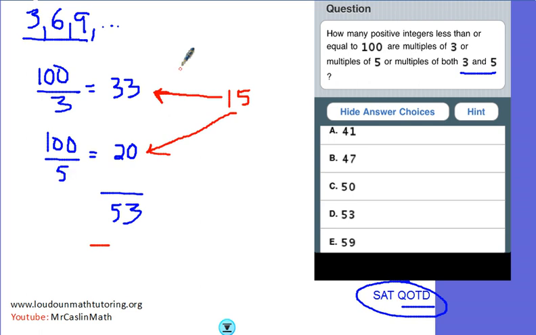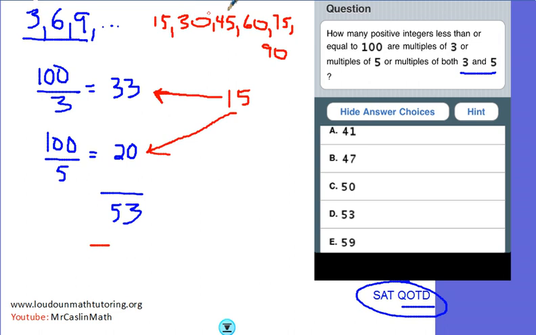Okay, so the ones that are less than 100, you've got 15, you've got 30, you've got 45. Keep adding 15, you've got 60, you've got 75, and you've got 90.